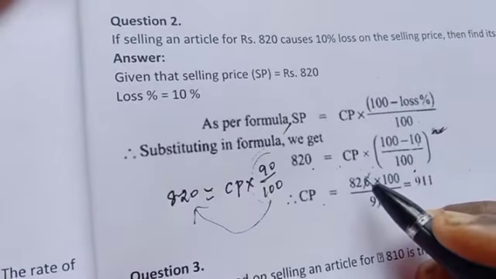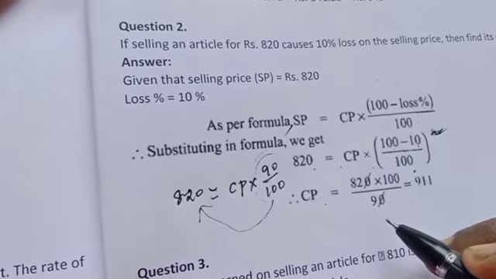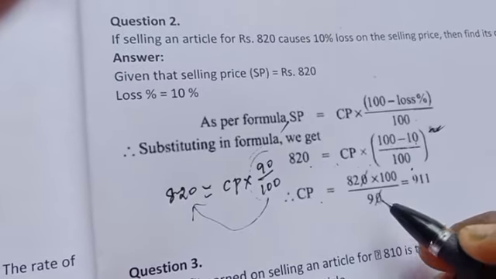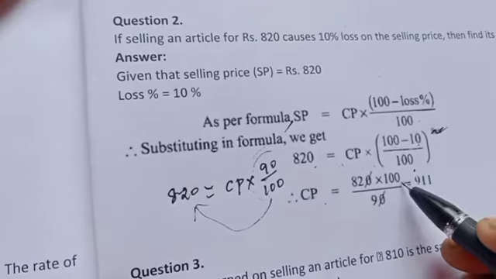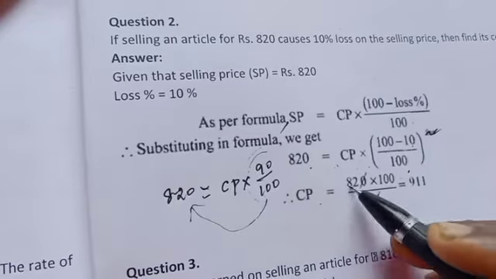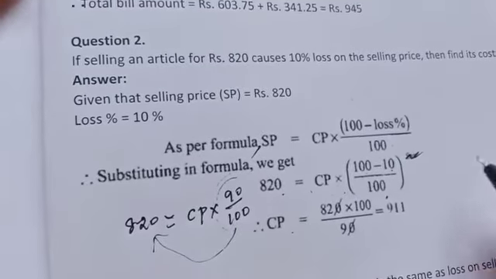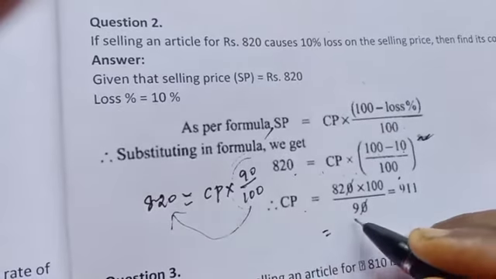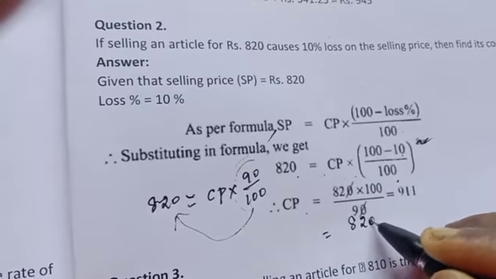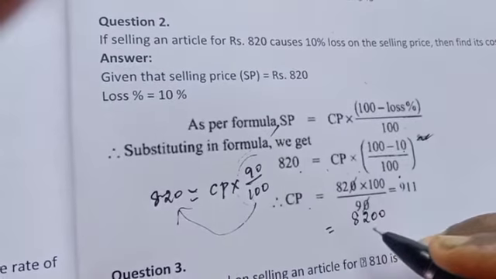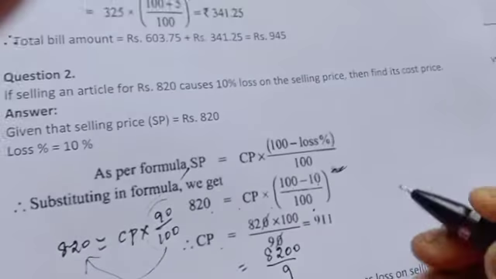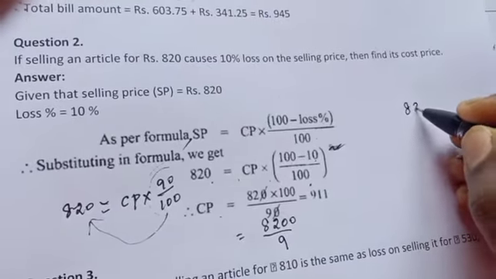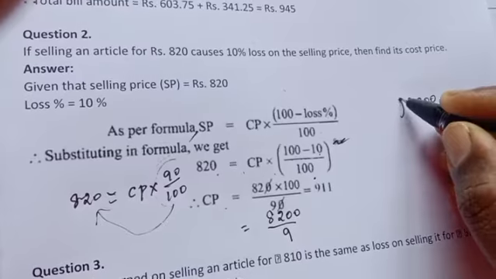Now 0 cancels, and after cancelling what do you have? 82 into 100 by 9. 82 into 100 is 8200, so 8200 by 9.